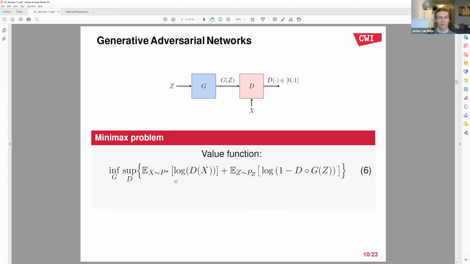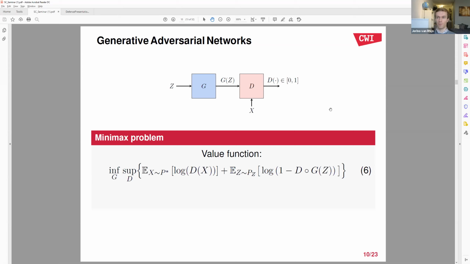What that first term is saying is that the discriminator is trying to maximize its score on real samples. That makes sense because it's trying to classify correctly when a sample came from the real data set. And the second term is being maximized by the discriminator as well. So 1 minus D means that it's minimizing its score on fake samples.